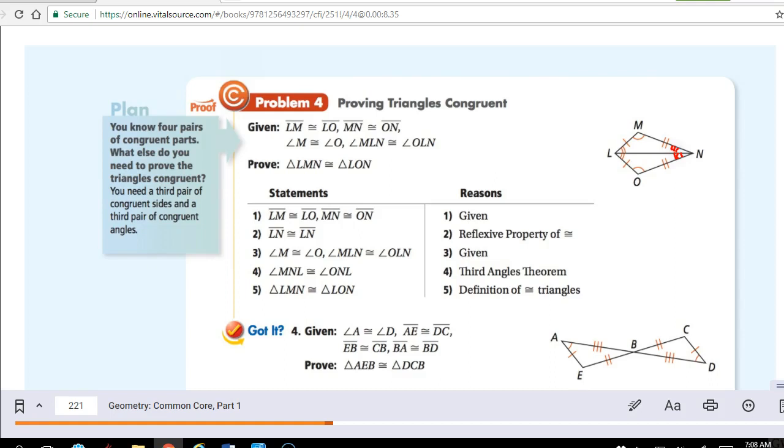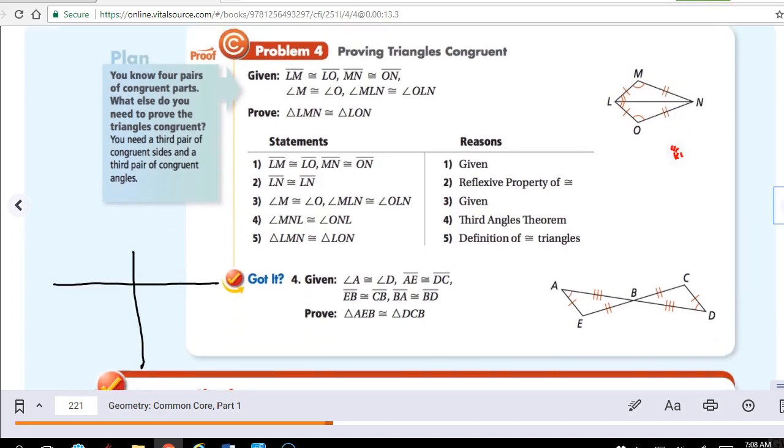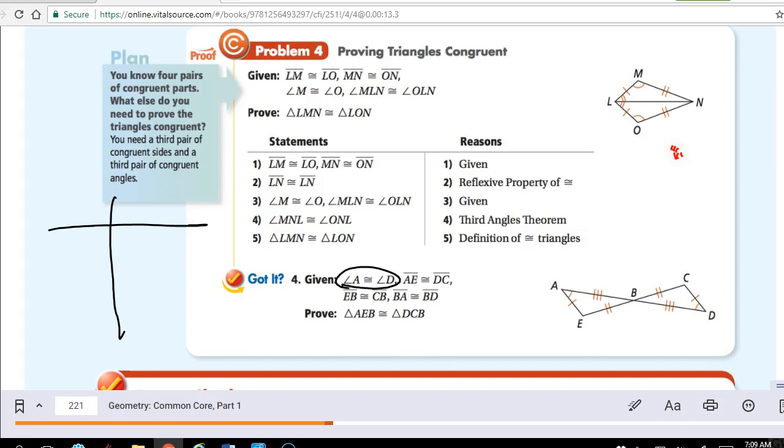Now, as we look at the Got It section here, we really don't have a whole lot of space. I'll try to write small. If you are given that angle A and angle D are congruent, you're also given that AE and DC are congruent.